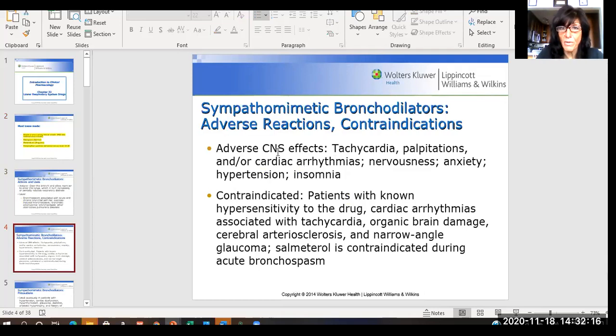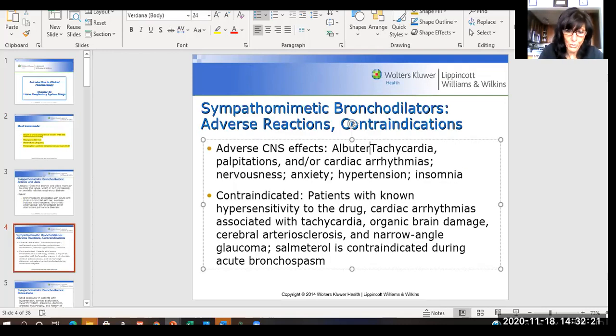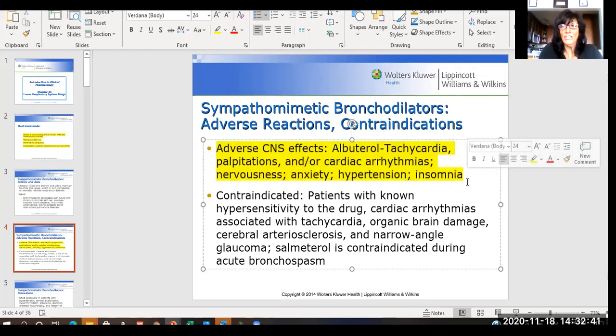Let's see. Adverse central nervous system effects. When we're talking about albuterol, particularly albuterol, okay? Tachycardia, palpitations, cardiac arrhythmias, nervousness, anxiety, and insomnia. It's all of the drugs that we use, not all, but most, I should say, that we use for breathing share this commonality that they cause the heart rate to increase and palpitations and nervousness, restlessness, fidgetiness, anxiety, right?